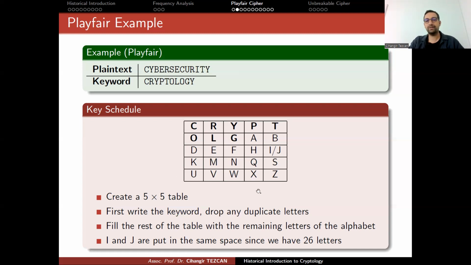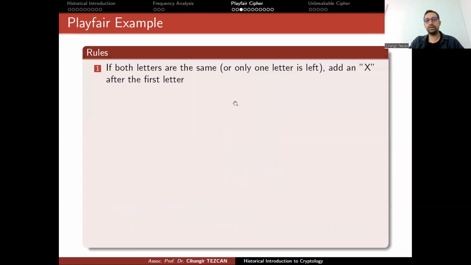Okay, so I created this table. Now I need to know the rules to encrypt this plain text. The rules are as follows. If both letters are the same or only one letter is left, since we are going to perform encryption on pairs of letters, if your plain text has an odd number of letters, you have to add something more.